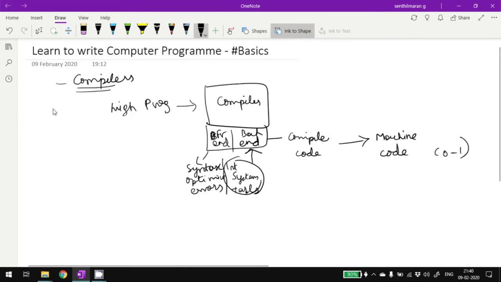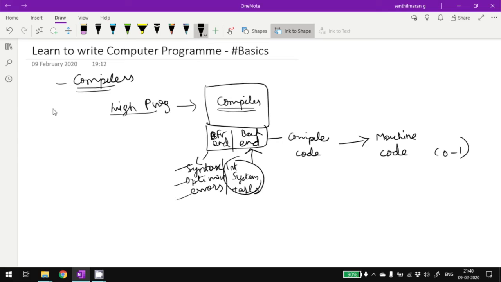Let's go through some basic concepts of programming languages. The first one is compilers. Usually high level programming languages are compiled by a compiler. The compiler has two pieces, the front end and the back end. The front end validates the syntax, optimizes the code, and throws any errors or bugs.